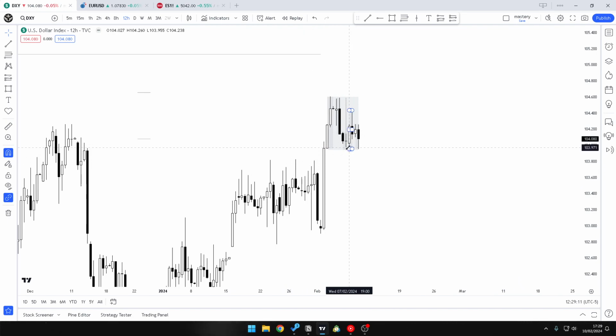Then on Thursday we have price opening, retracing lower into the weekly open once more, which then delivered price on the upside. So the Thursday low was made on the first half, and then the Thursday high was made on the second half before price traded lower and closed.